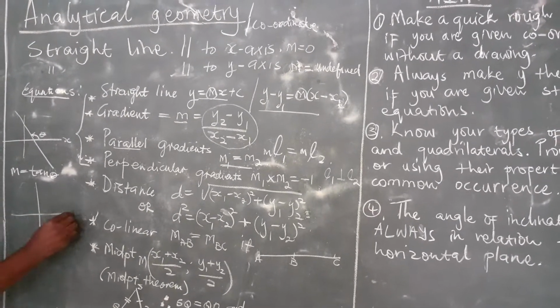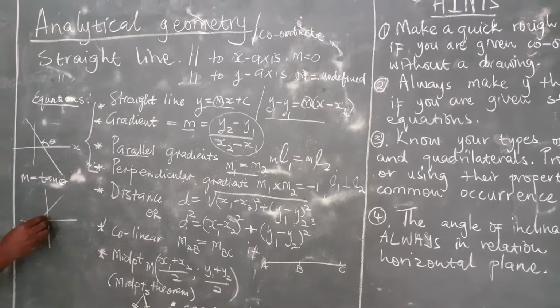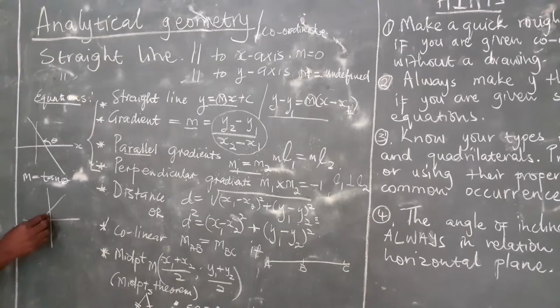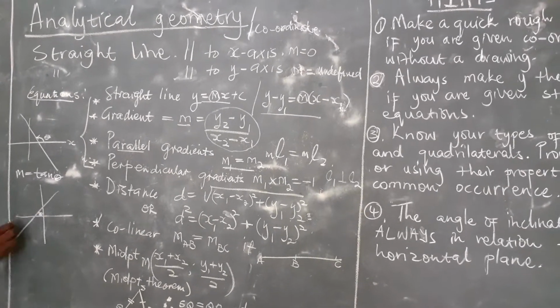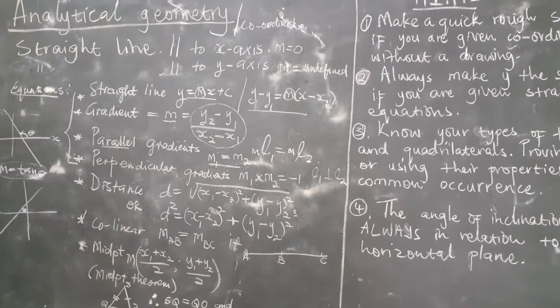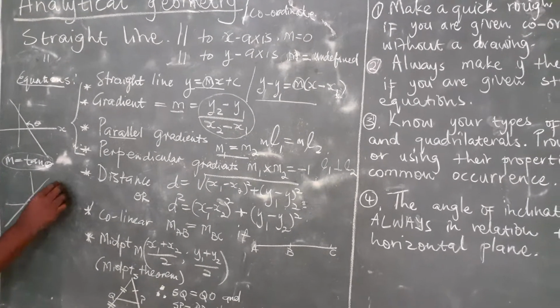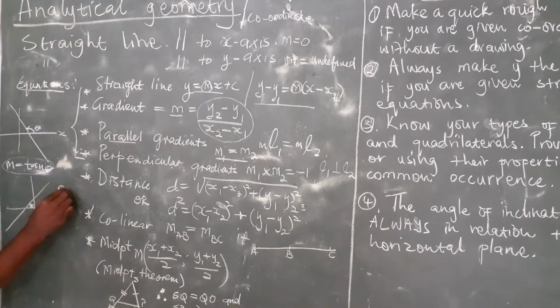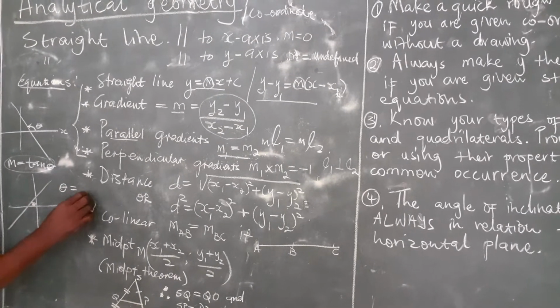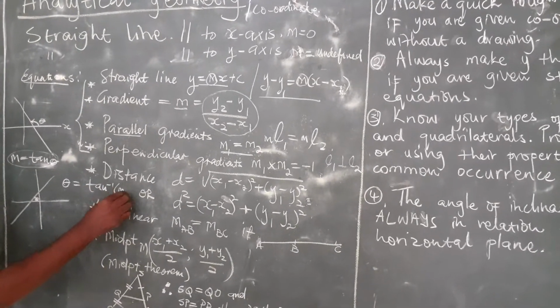Positively, your angle of inclination will be alpha this way or theta this way. That means we are going to use this. If your gradient is positive, theta is equal to shift tan m.